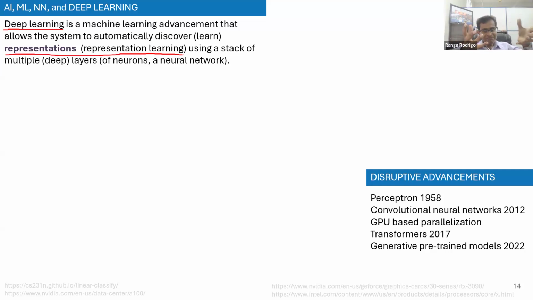This is learning the representation of the car in some vector space. This is the meaning of representation learning. So you are learning a representation. In deep learning, we learn the representation using neural networks which have multiple layers. To be more specific, more than 8 layers.